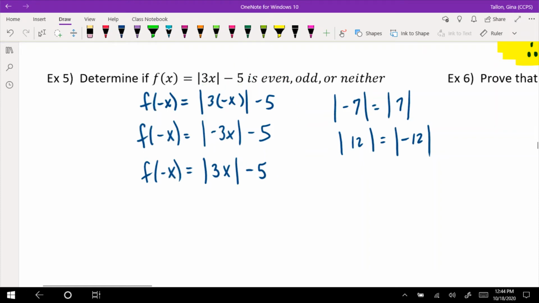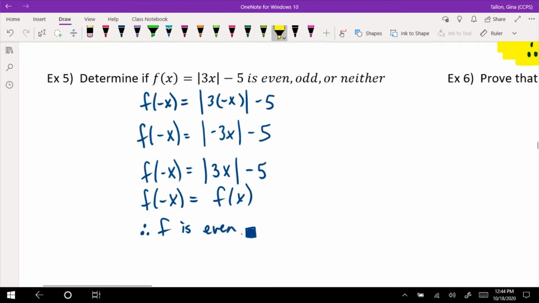So because I do get the same exact thing back again as the original problem, f of negative x equals f of positive x, and therefore f is even. And you put a little block down here, like that. I'm going to highlight this whole entire thing, because this whole entire thing is my answer, the whole entire proof. And we're going to move on to question number 6.